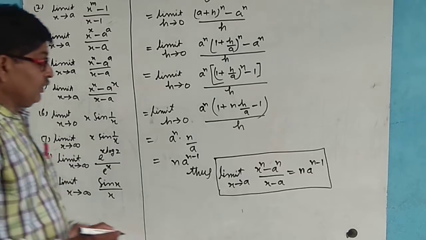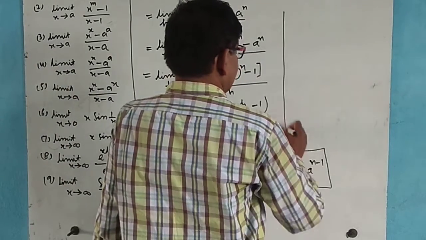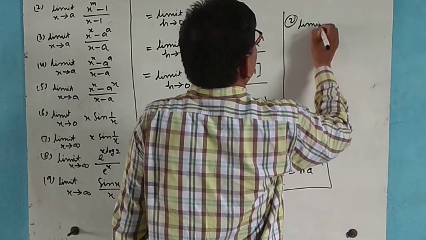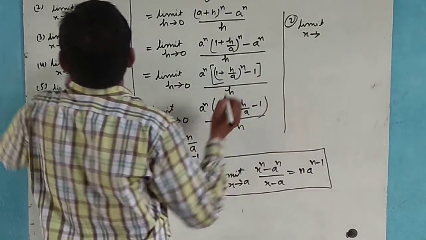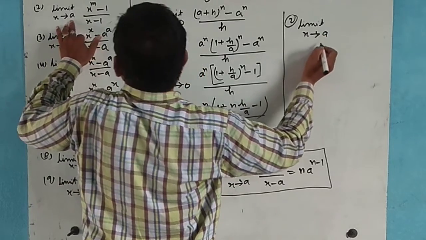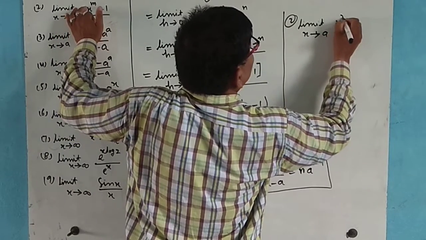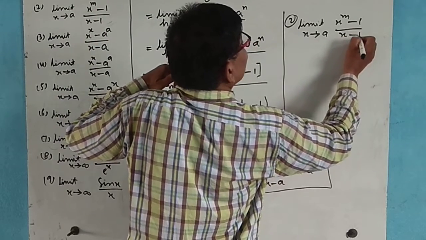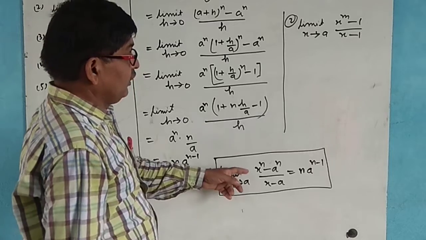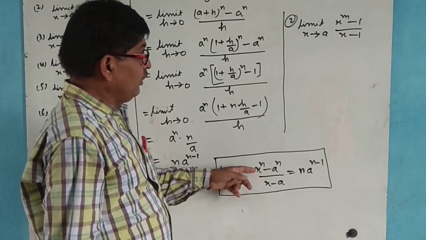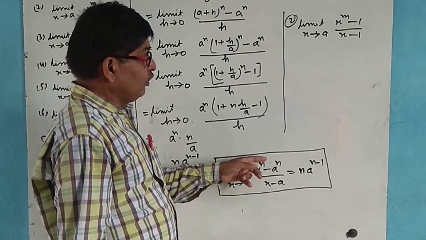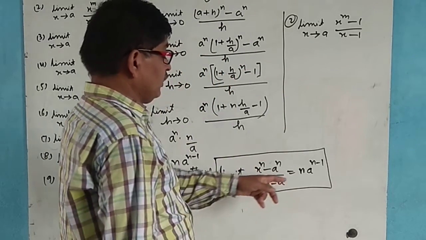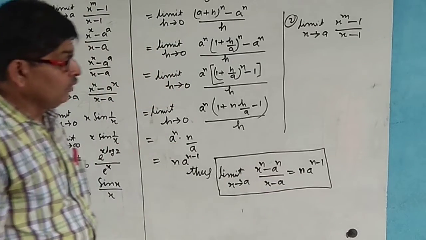And here the second problem: limit x tends to a, x to the power m minus 1 divided by x minus 1. Comparing this with x to the power n, n equal to m and a is equal to 1.